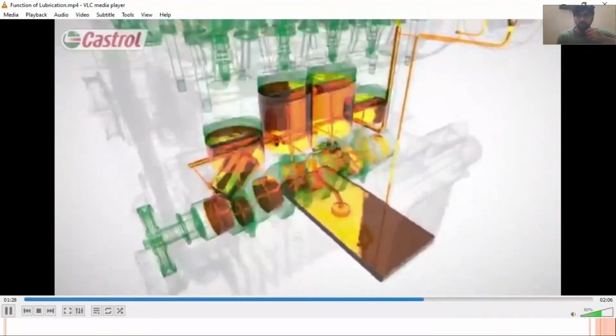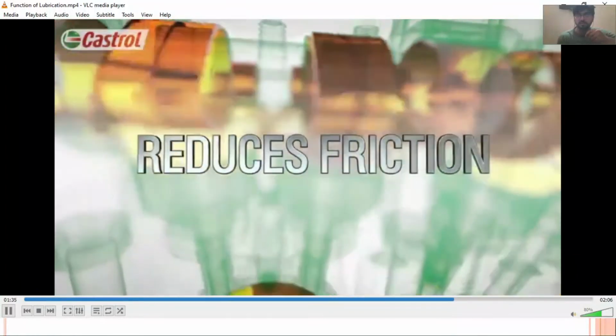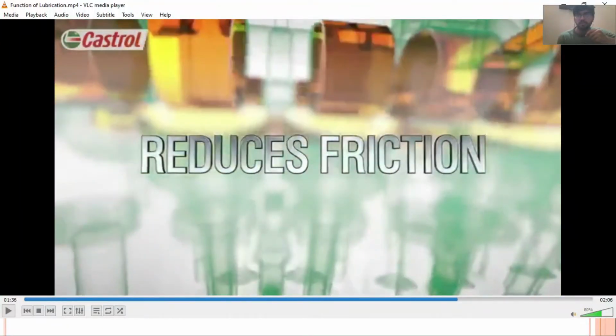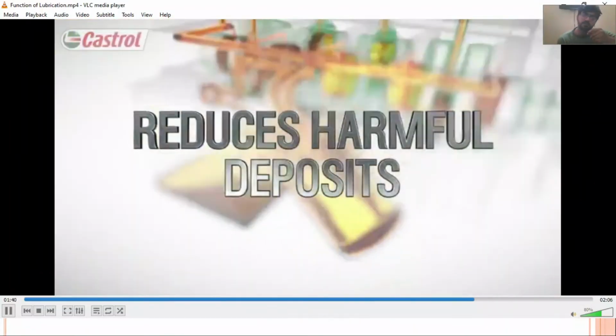Throughout the oil's journey, its primary function is to protect. It does this in many ways, reducing friction and metal-to-metal contact. So again, it is mentioning some of the functions of this lubrication system, that it reduces the friction, reduces wear throughout the drive, and reduces harmful deposits.